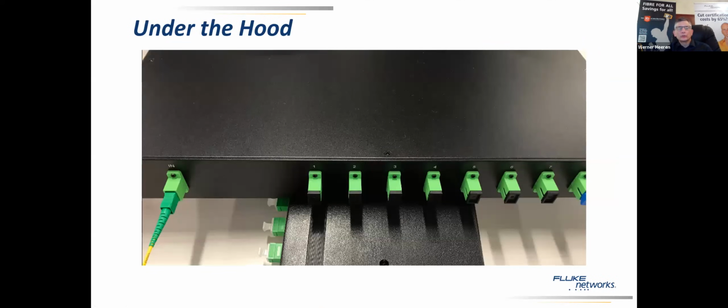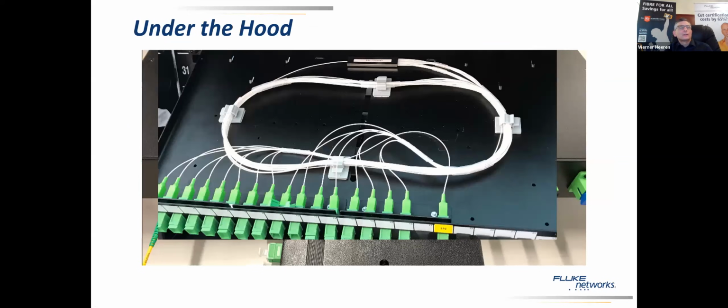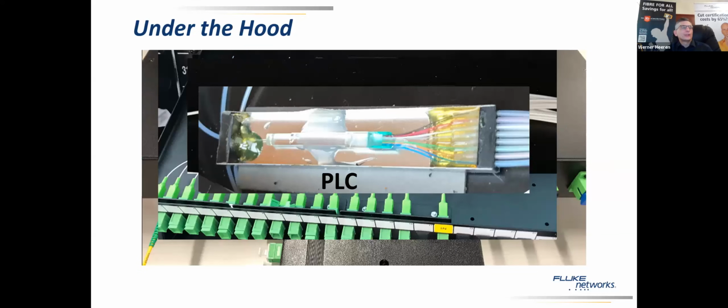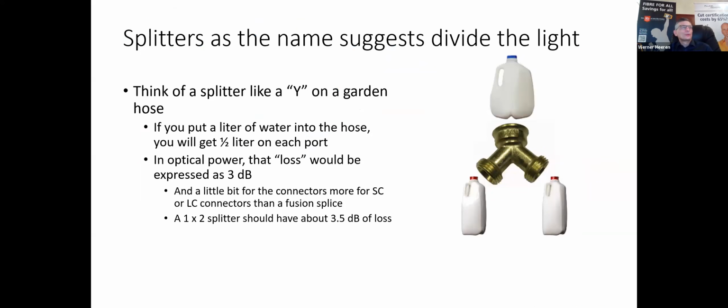What is under the hood of such a splitter? Fiber will be split into different fibers. Not much electronics. It's called PLC here. Looks a little bit weird, but the light has to be split into these different fibers. How you have to see it: it's a little bit like you go in the garden and want to spray the garden with water.